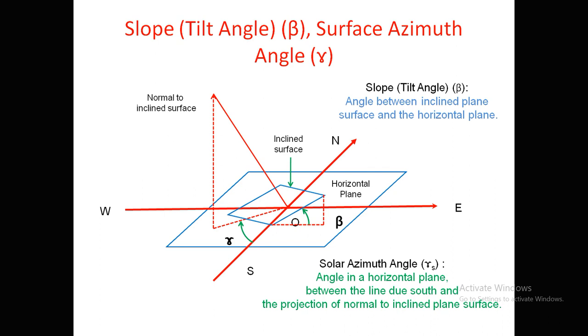This is the surface azimuth angle gamma. It is the angle in a horizontal plane between the line due south and the projection of the normal to the inclined surface. So these are the two angles; in the previous slide we studied three angles, and these are the two angles.